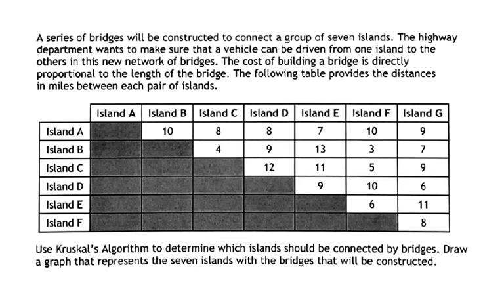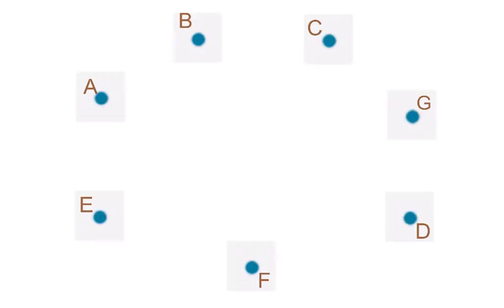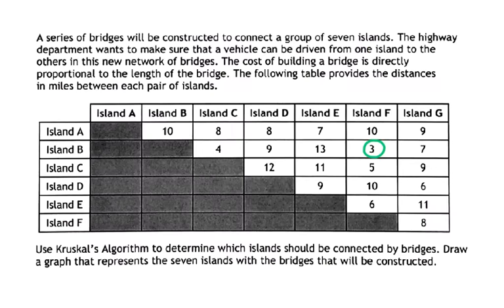So we're going to apply Kruskal's algorithm. We're going to start with the lowest weights. The first weight is 3, and that connects island B to F. So island B to F is a weight of 3. That did not create a cycle, so we keep it. Next weight is 4.